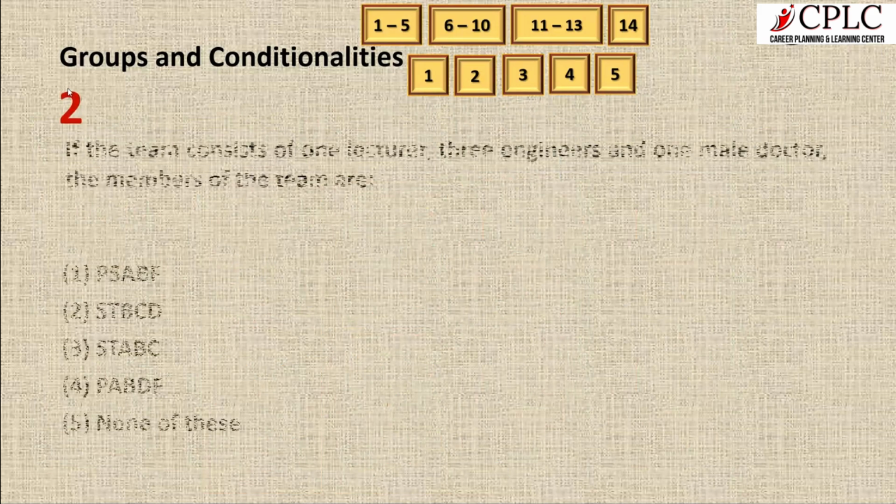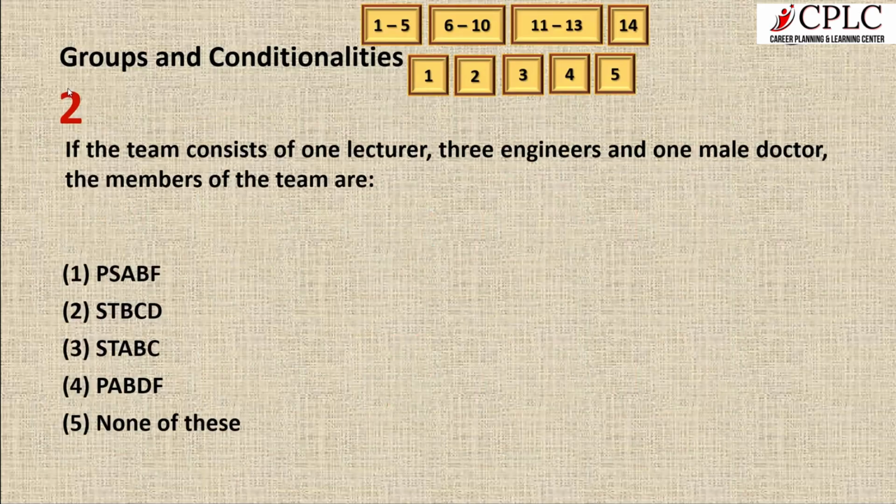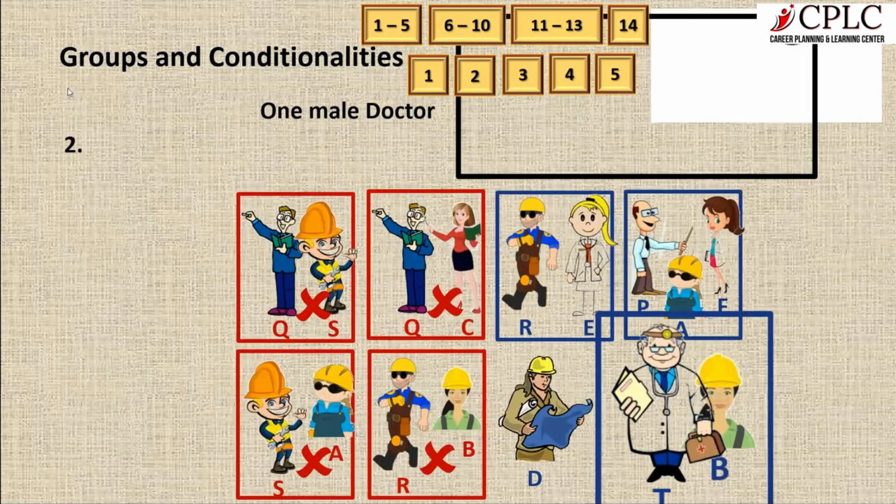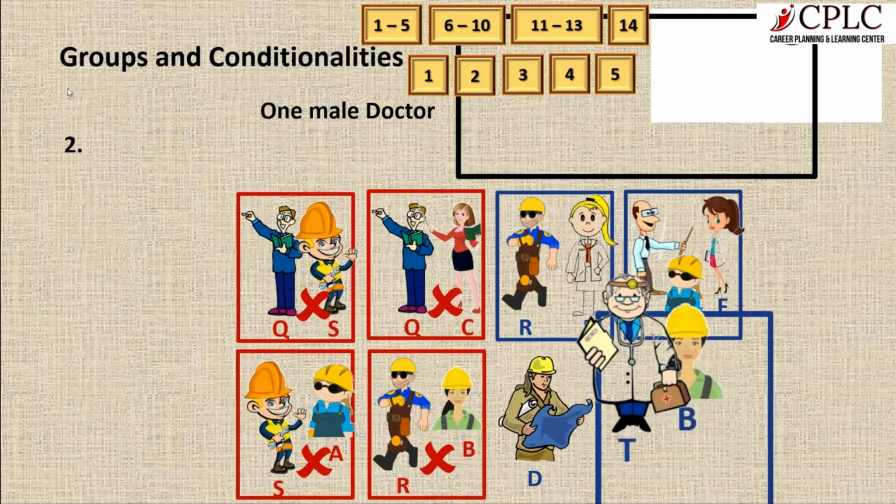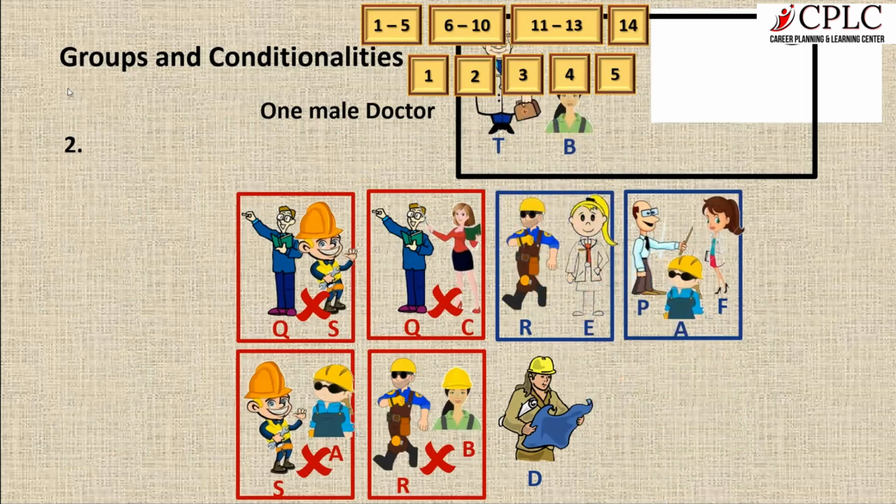If the team consists of one lecturer, three engineers, and one male doctor, the members of the team are. So we want one lecturer, three engineers, and one male doctor. We have only one male doctor, that is T. So we'll select T. Now, if we select T, we have to select B also.